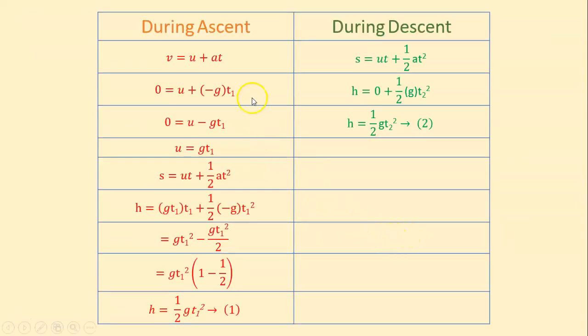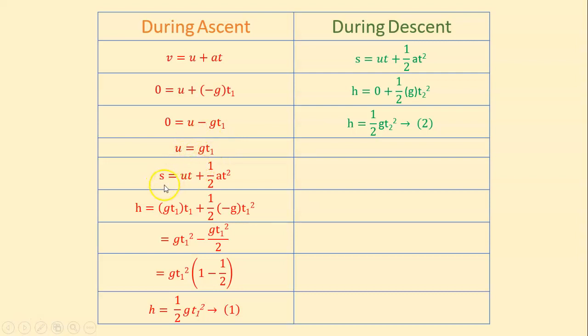During ascent, we take the first equation, v is equal to u plus at. Substituting, 0 is equal to u plus, in bracket, minus g, bracket complete, into t1, which gives 0 is equal to u minus gt1, which is u is equal to gt1.